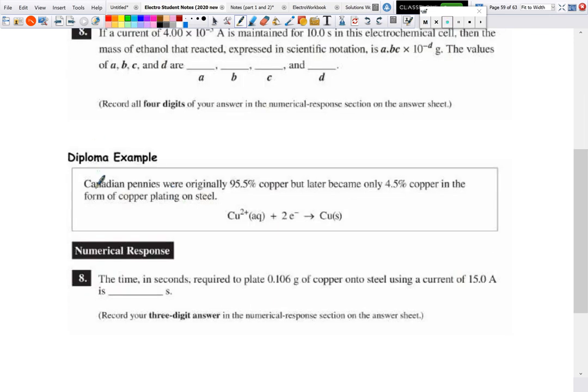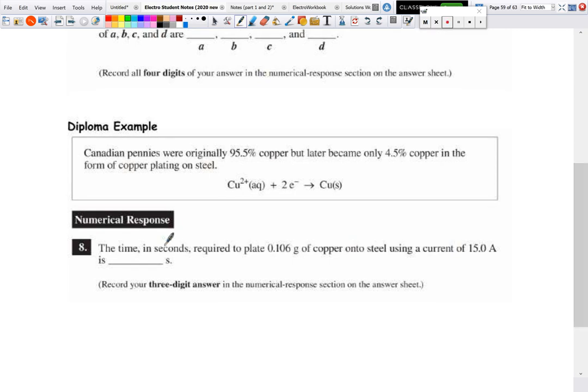And then same thing right here. For this diploma example, it says Canadian pennies were originally 95.9% copper, but later only became 4.5% copper in the form of copper plating on steel. So the half reaction is given here. And we have the time in seconds required to plate 0.106 grams of copper onto steel using a current of 15 amps is blank seconds.